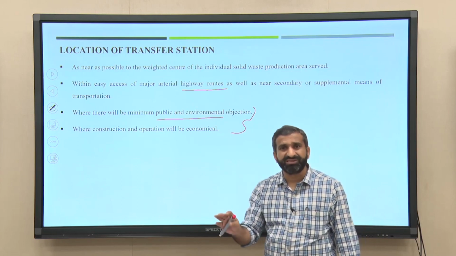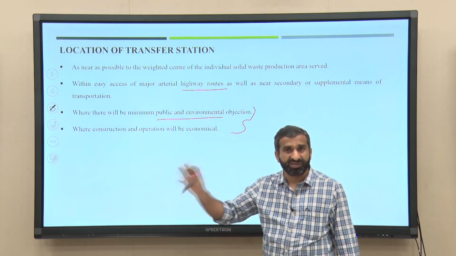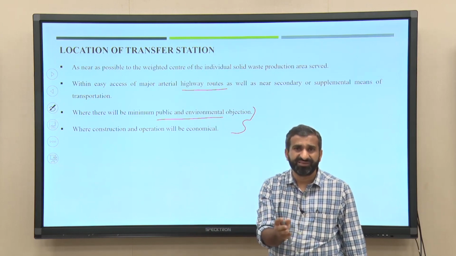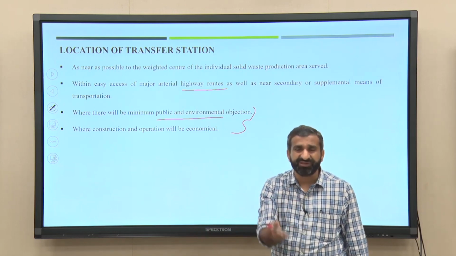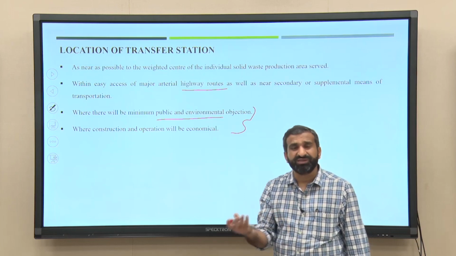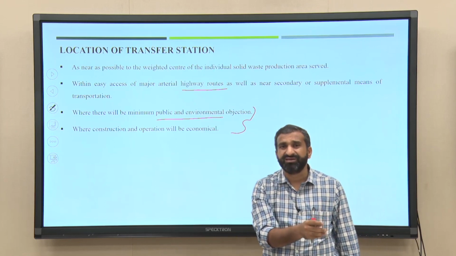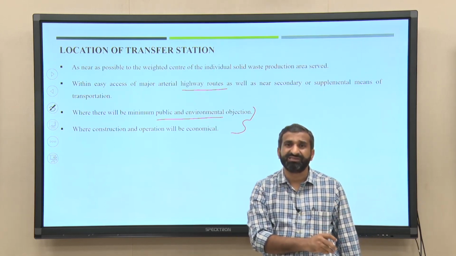Especially for small cities, like district levels or class 2 towns, they are not directly connected with the highways, or if highways are there, the traffic issues are huge. In that case, having a special kind of vehicle is very important.